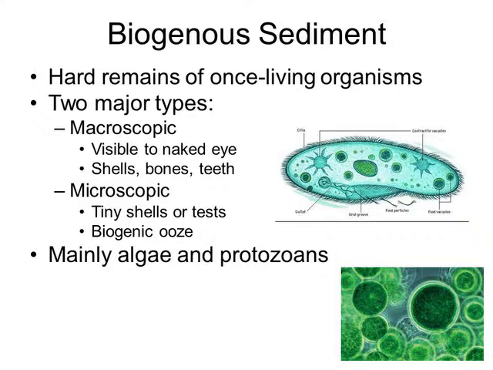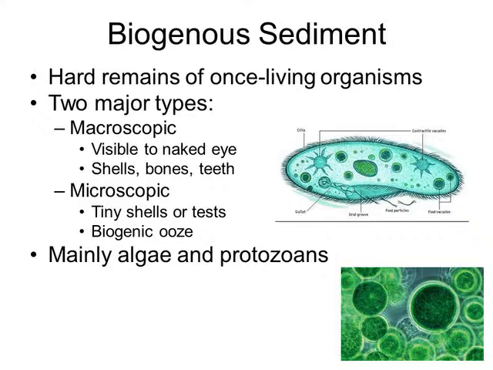But you generally have two different types. You have macroscopic or microscopic. So macroscopic generally is made up of shells, bones, and teeth that we could see with our naked eye. We don't need a microscope in order to see this type of biogenic sediment. So those shark's teeth that you like to collect, put on necklaces, that would be considered a macroscopic biogenic sediment because it came from biology.